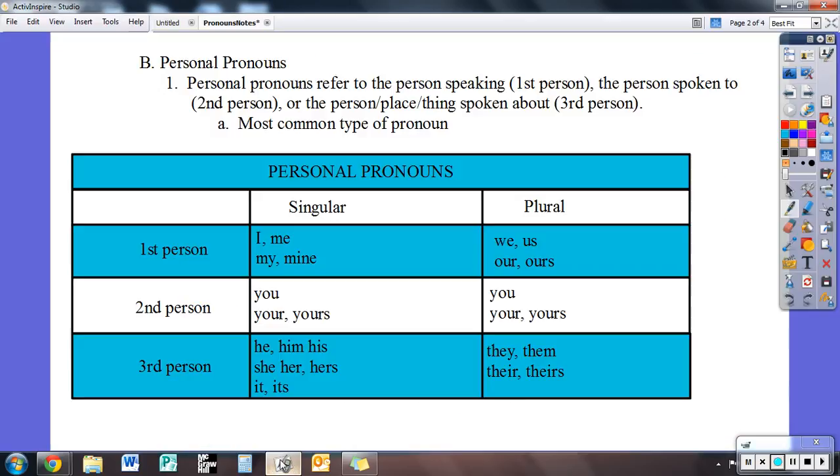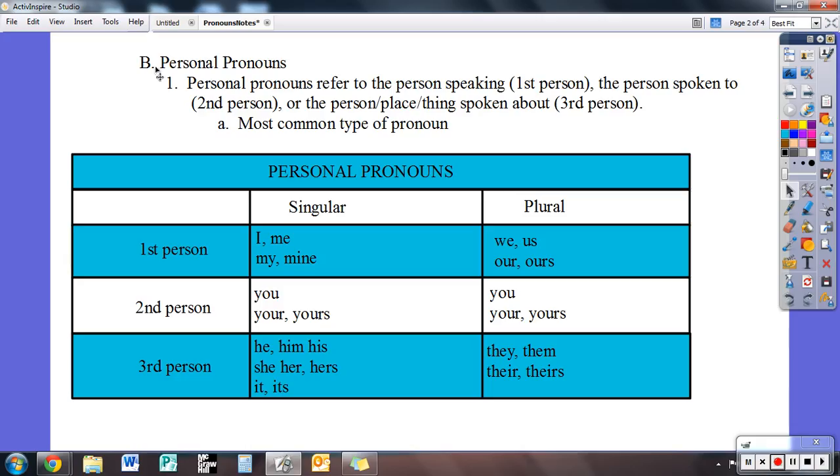Now I'm going to flip over to the chart, and notice that I've made my own chart because you need to work on this. You need to be able to identify pronouns on sight. So it never hurts to have these down in your notes to reference. Since we're still under the heading of types of pronouns, yesterday we talked about pronouns and antecedents.